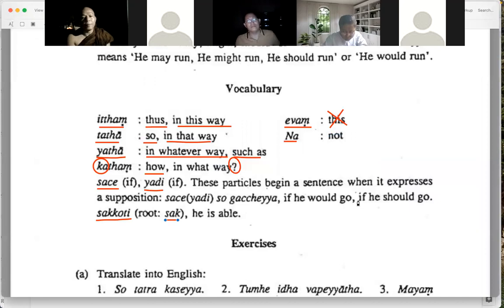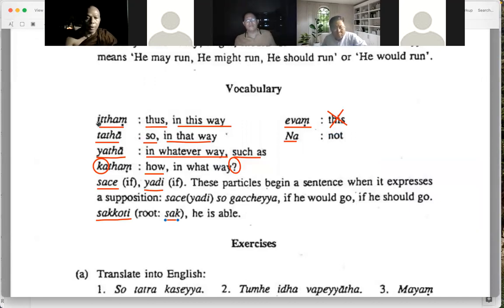So evam and the eva, that is, in this way. And then tatha is so, or in that way.